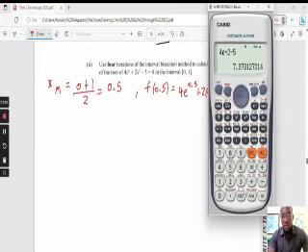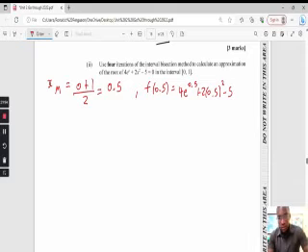We have no issues using a calculator. In the calculator, we get 2.09, which is greater than 0.